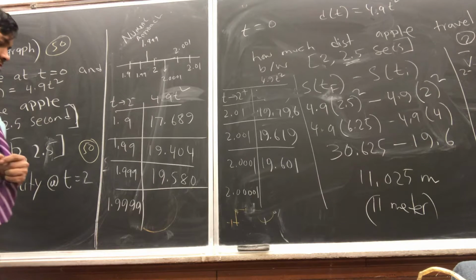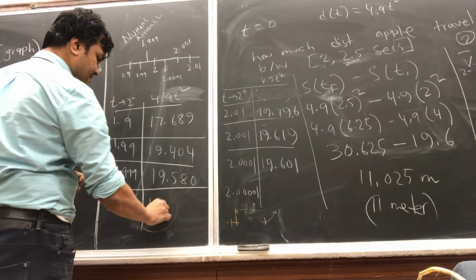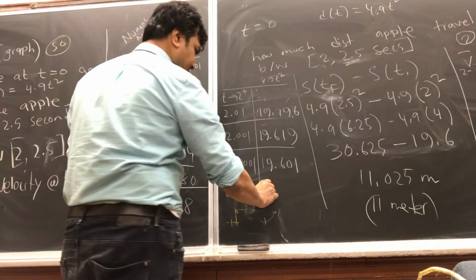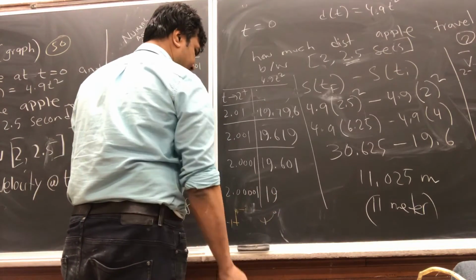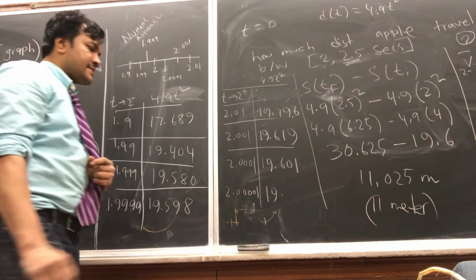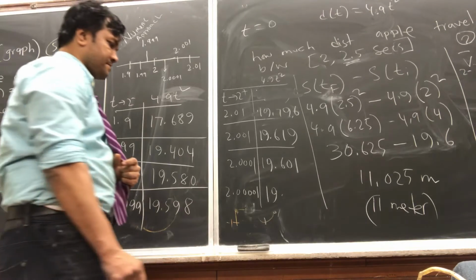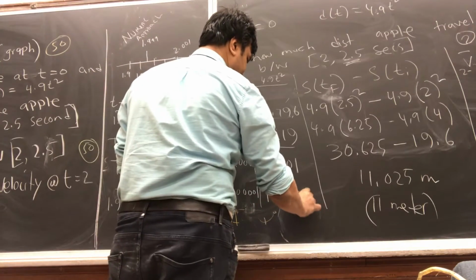So you get 19.598. Okay, great. And then you get 19.6001.